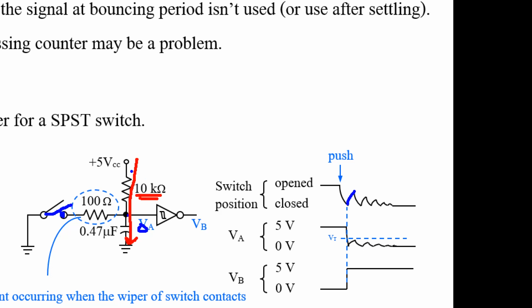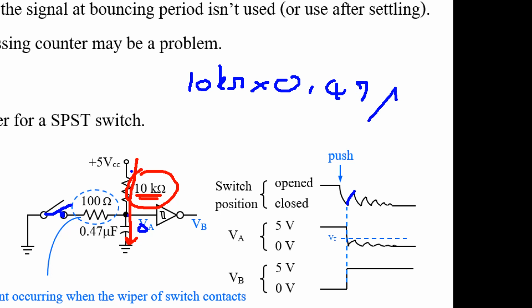And because this is a high resistance, the time constant is 10 kilo ohm multiplied by 0.47 microfarad, which is 47 millisecond, right?